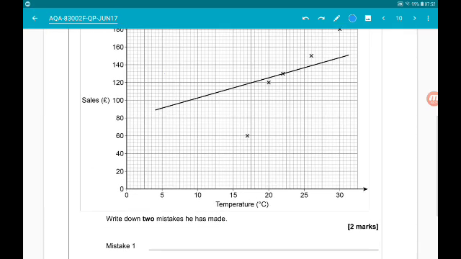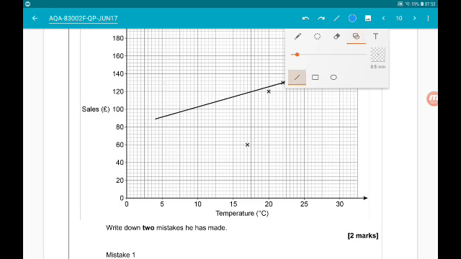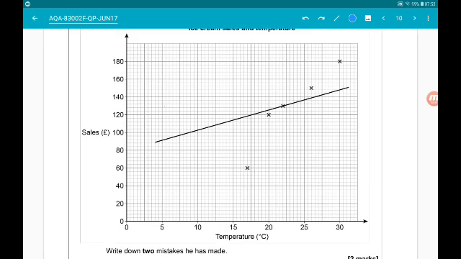Okay, so the first one I would say is that his line of best fit isn't a line of best fit. He could have something far more accurate like that. So that's one mistake. Another is that your line of best fit should go all the way through the grid, not just partially like his does here.